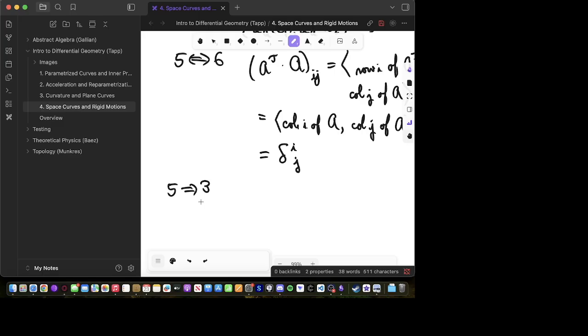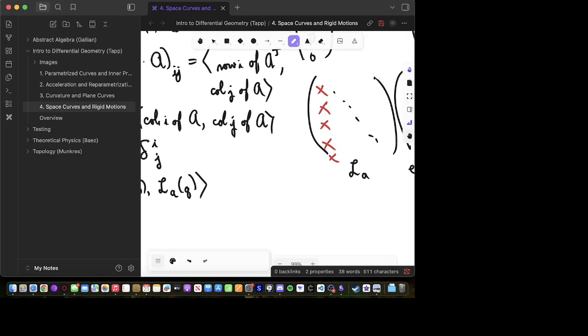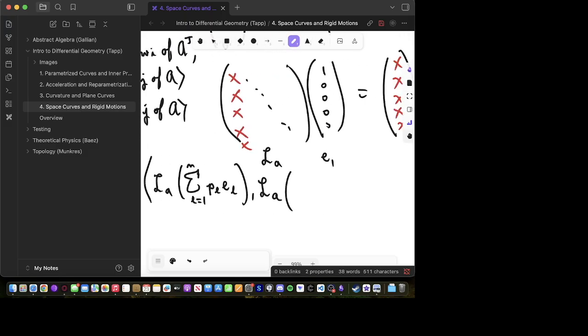So if we have this, that is equal to the sum from L equals 1 to N of P_L E_L, and then the sum from S equals 1 to N of Q_S E_S.